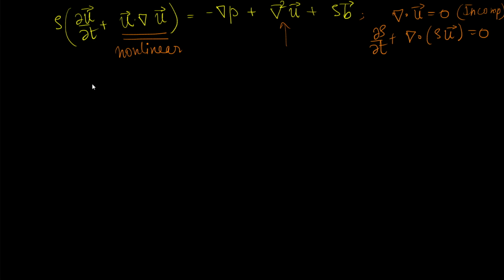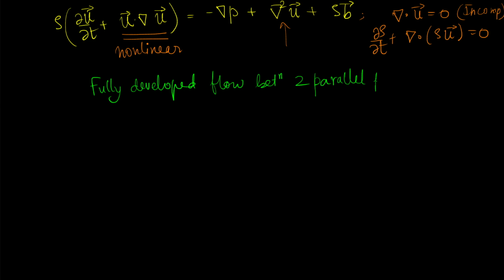So the first solution that we will look at is fully developed flow between two parallel plates, and this flow is also called plane Poiseuille flow. So let us consider the schematic.